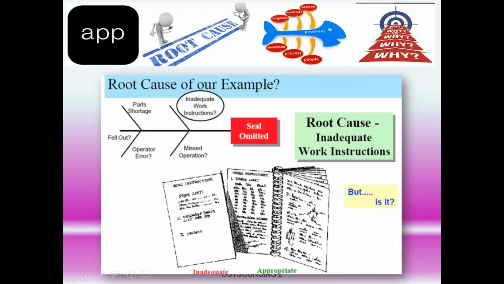Probably within the production area, there is no flow of how the final inspection of the machine before they put the seal should be processed. There is no instruction, so it happened. So the root cause is the seal was omitted because there is inadequate work instruction.